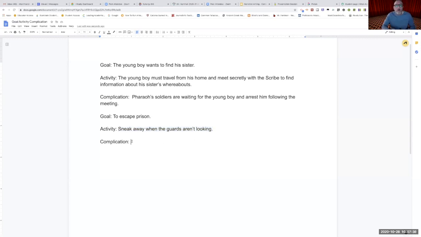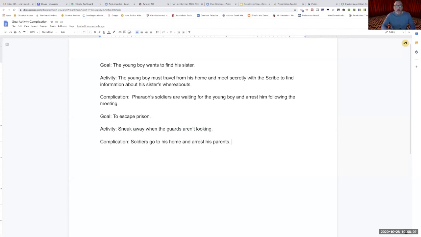And then, of course, the complication, which we've already talked about, is soldiers go to his home and arrest his parents. So cool, I'm free, I'm clear, I'm out of prison, yay me. Uh-oh, the soldiers have gone to my parents' house and arrested them. Now I've got to bail them out of jail or figure out a way to save them.